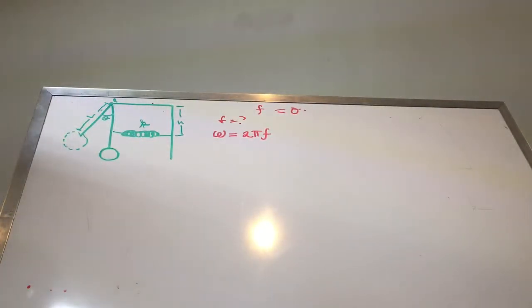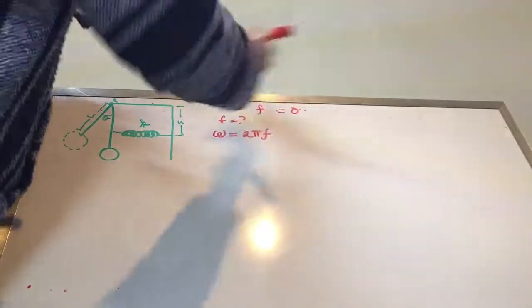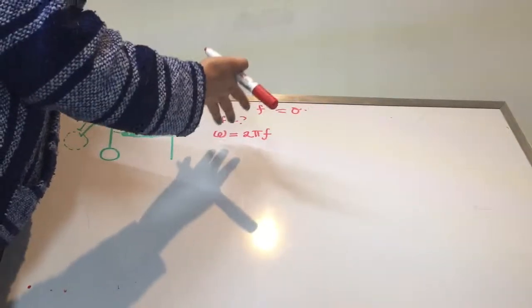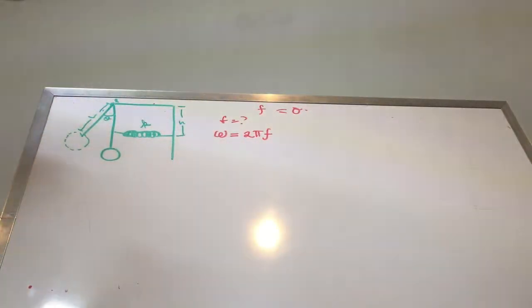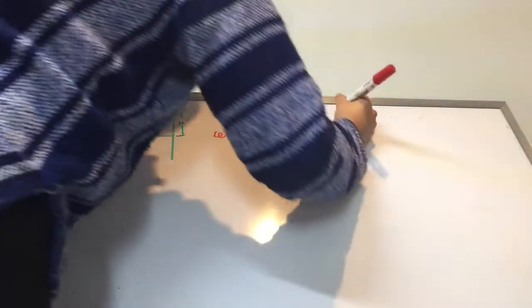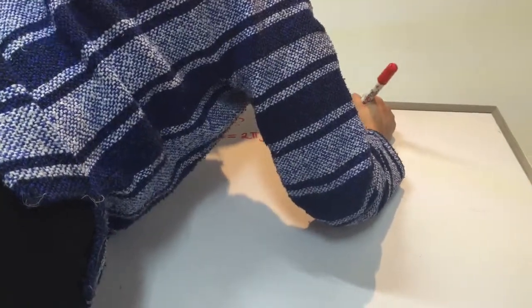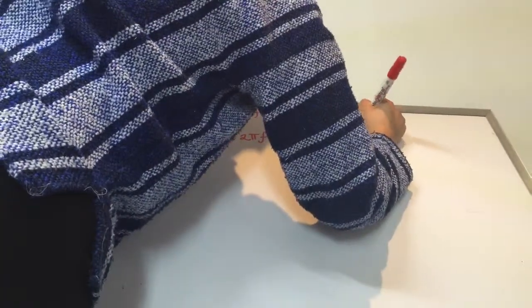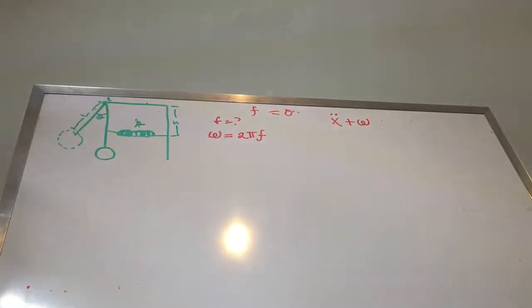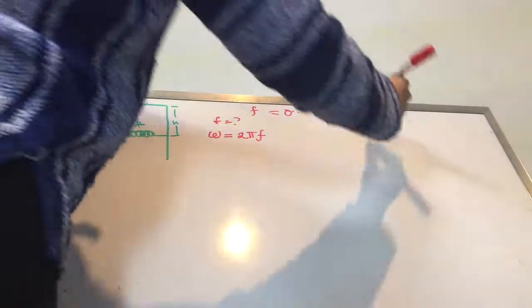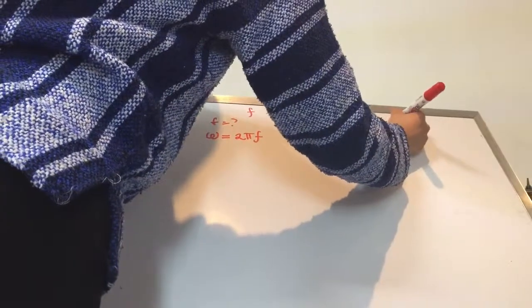Afterwards, the other important formula that we need to actually determine the frequency. First, we're going to determine the omega. We're going to select the one about the second derivative of the position plus the angular frequency squared times x, and this will be equal to 0.